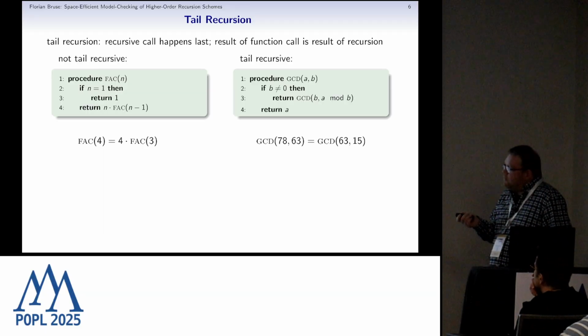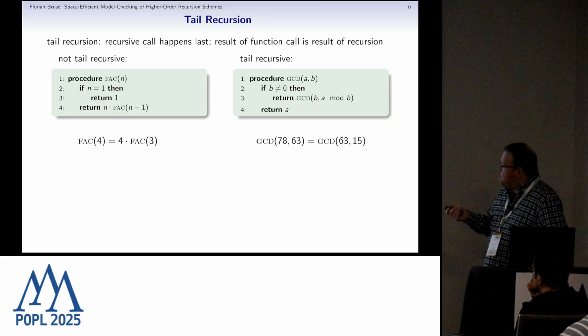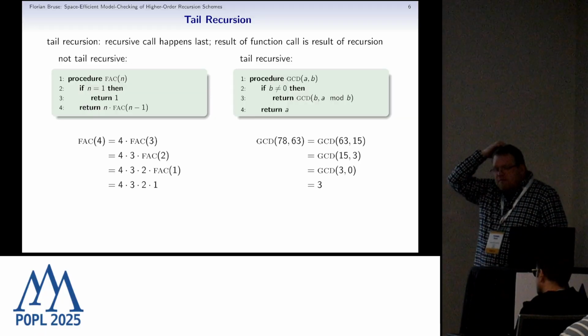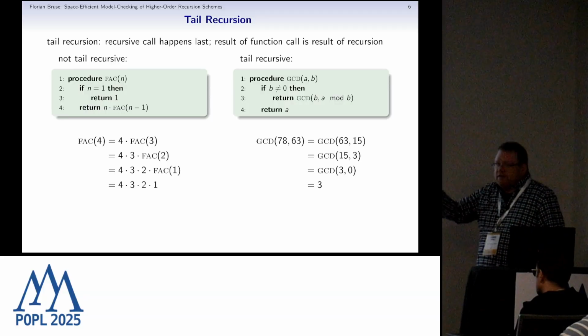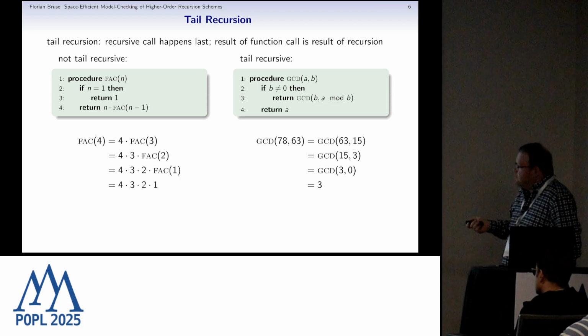What's factorial of 4? Well, it's 4 times factorial of 3. And the GCD of 78 and 63 is the GCD of 63 and 15. Then you continue, and you see on the left side that the arguments or the pending operations keep piling up. And on the right side, you simply simplify, and the result is that.